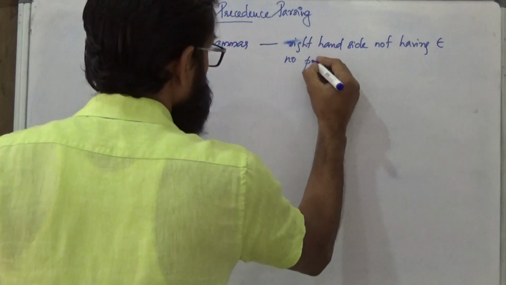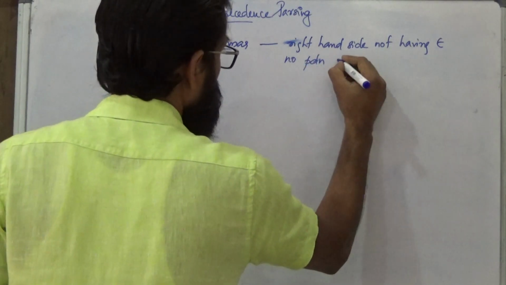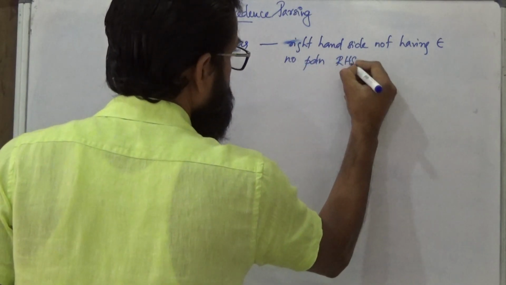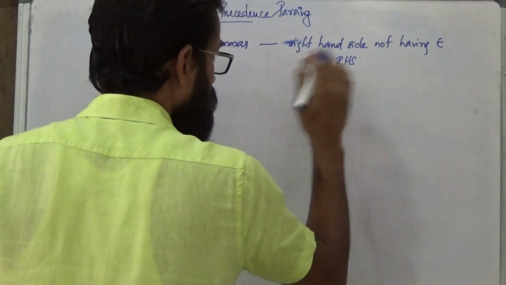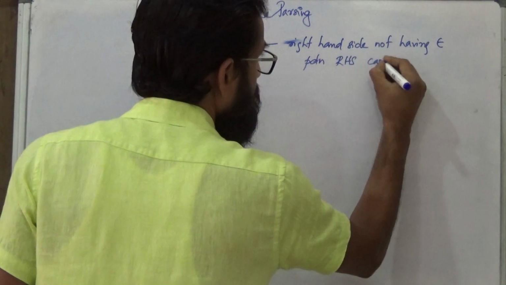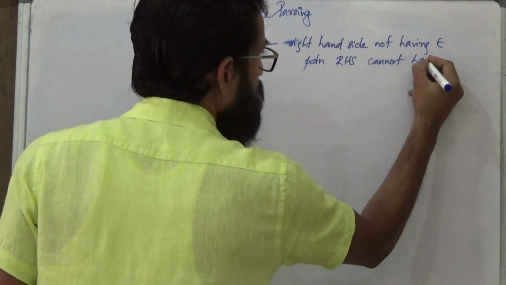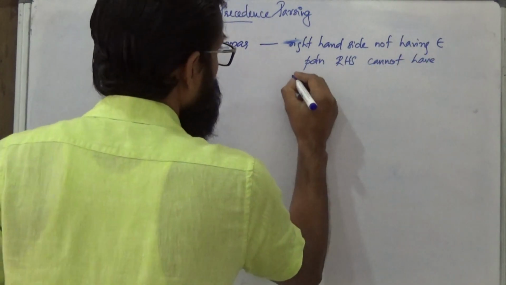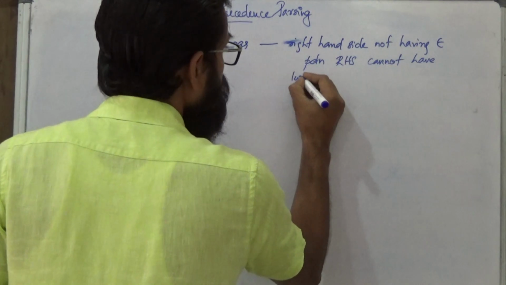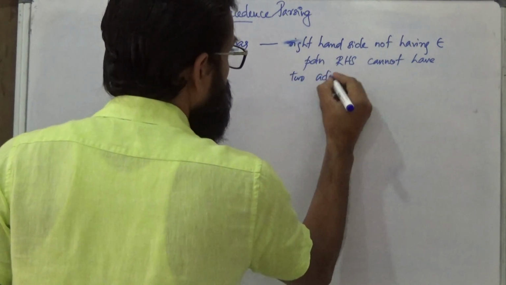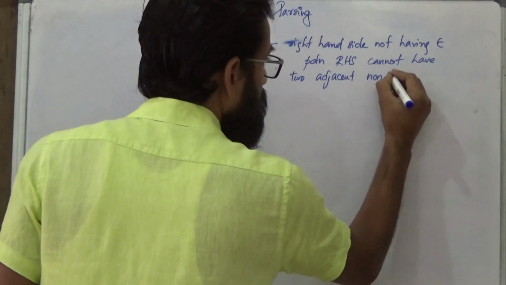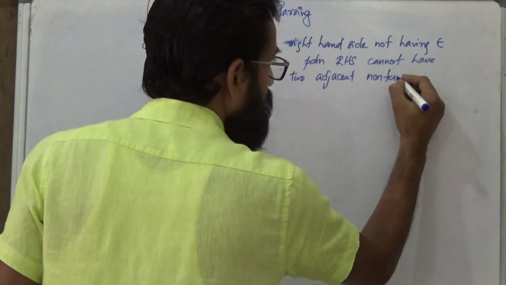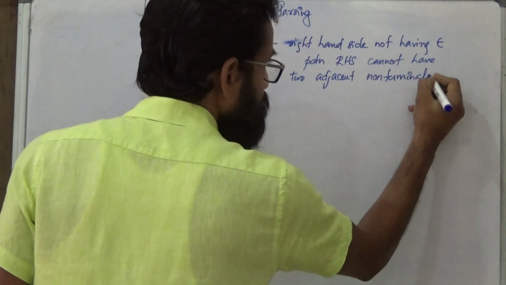no production's right hand side can have two adjacent non-terminals.